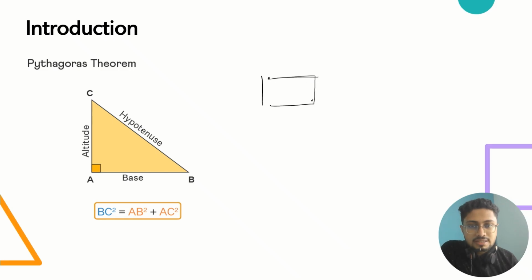Like if a square is there and you are standing over here and your friend is over here, so sometimes it may happen that rather than going in this direction, first horizontal and then vertically, it's a great move to go this way directly. Okay, go this way directly, and that is the entire concept of the Pythagoras theorem.